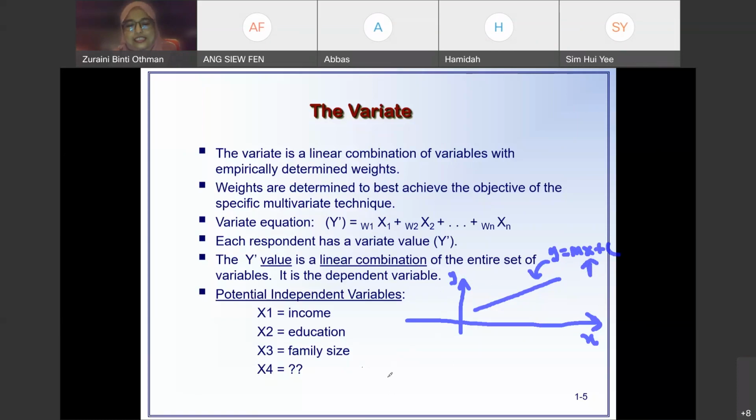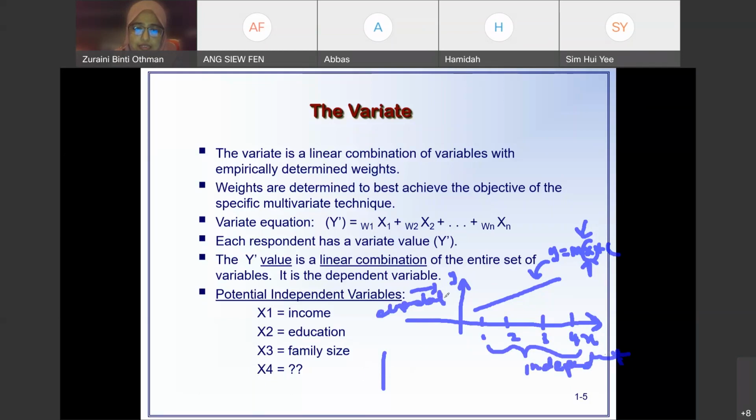The simple example is this x value, which can be 1, 2, 3, 4, and so on. This is independent. It is not dependent on other values. It can stand by itself. And this Y is dependent.